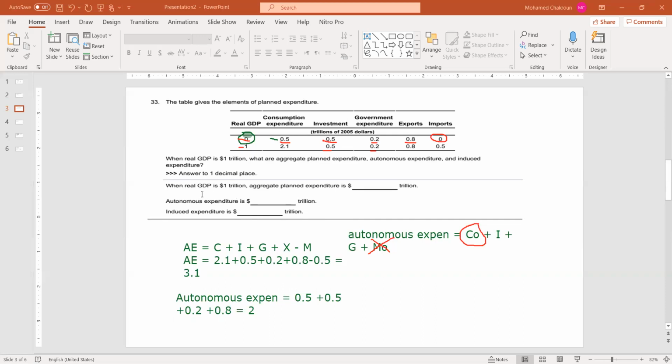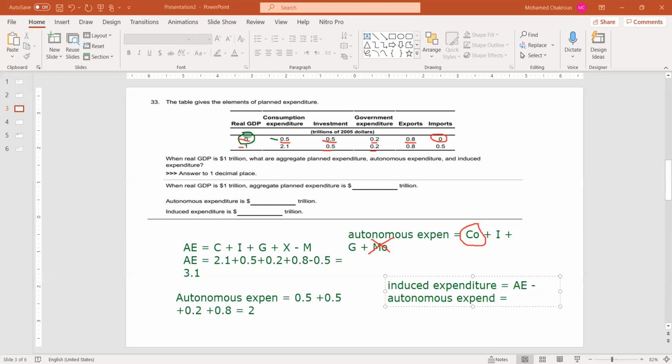So here, if we agree that aggregate expenditure is equal to autonomous expenditure plus induced expenditure, and we already know that aggregate expenditure is equal to 3.1, and that autonomous expenditure is equal to 2, so it's obvious that induced expenditure is equal to aggregate expenditure minus autonomous expenditure.